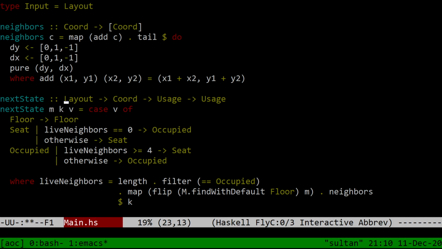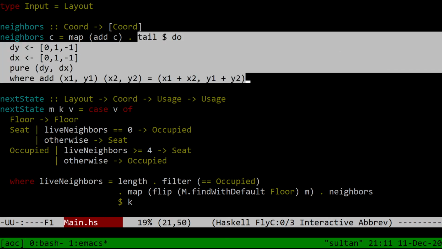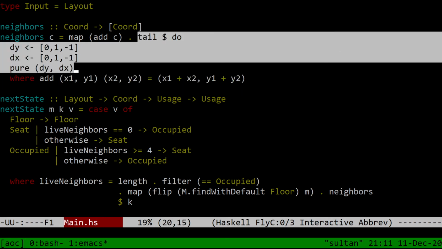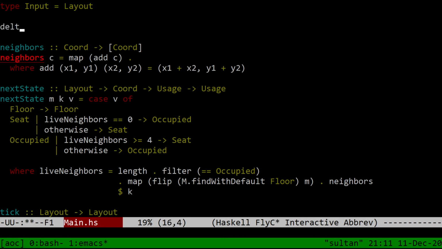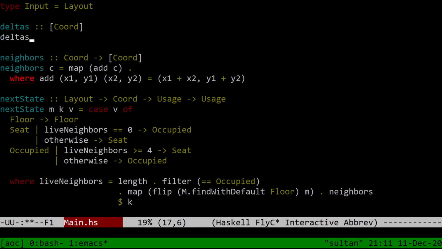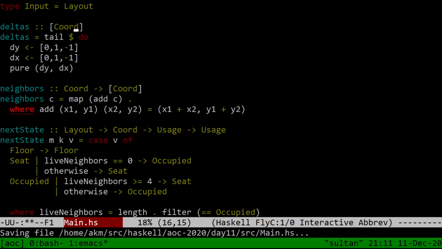Okay. Well, one thing that seems clear is that this list kind of needs to be defined at the top level, and this is something I often do anyway. Deltas is a list of coord. Deltas equals this.